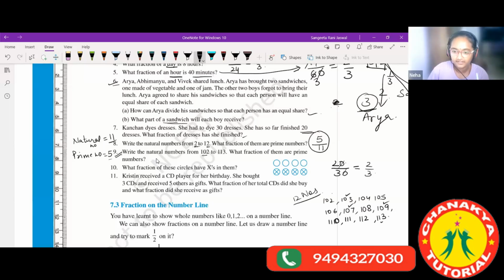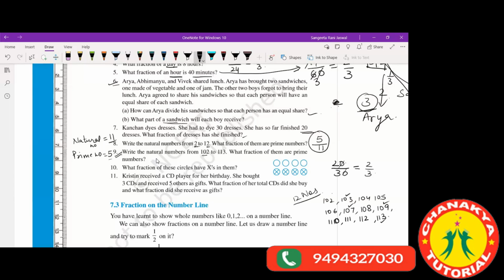We see if it's divisible by any number. See, prime numbers are those numbers which have only 1 and the number itself as factors. No other number is a factor of these numbers. So that's 103, 107, 109, 113.